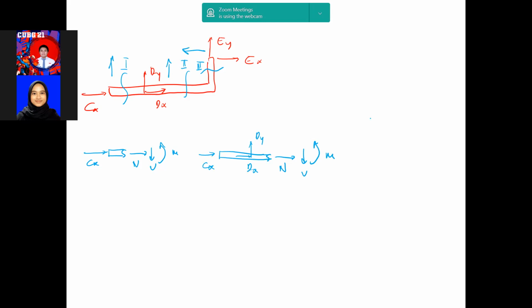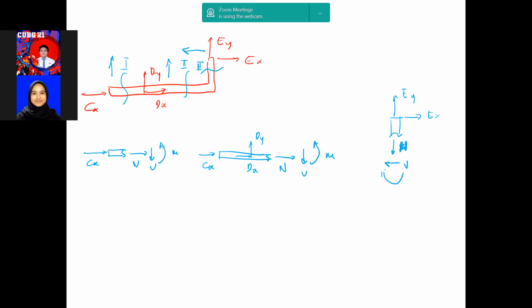And the last cut, in order to make it simpler, I will cut the right side, the top part. So this one is our cut, X, okay. And because it's like that, there will be normal force. This one is normal force. This one is shear force.